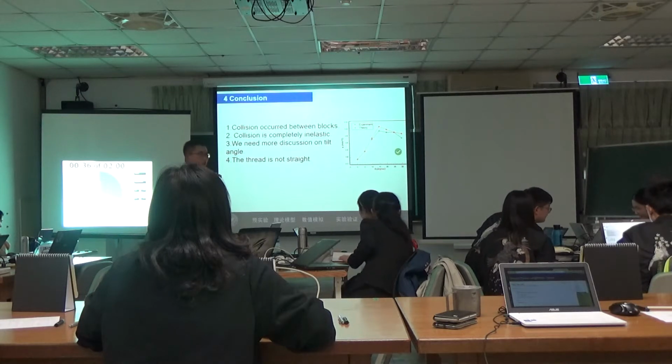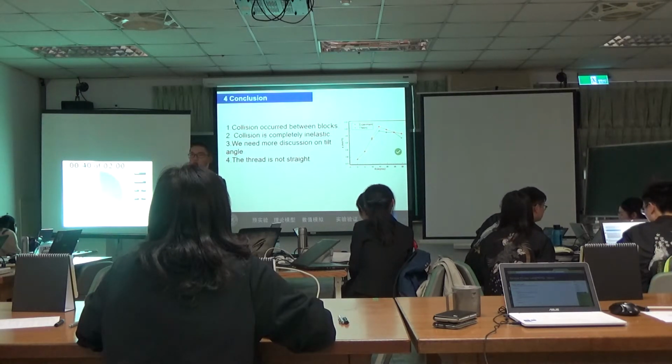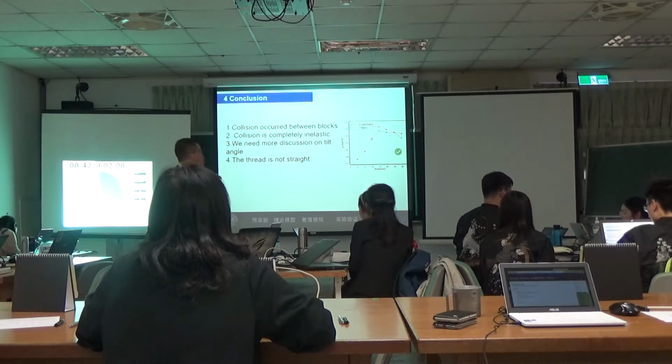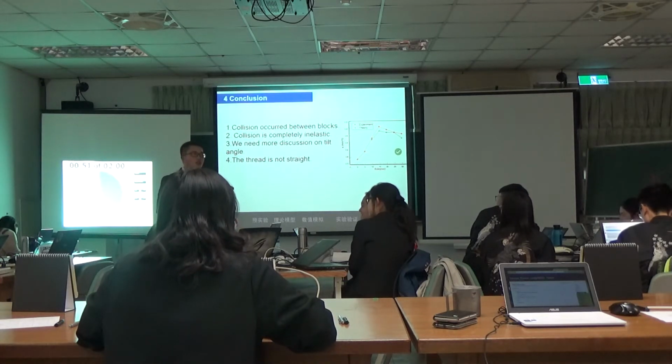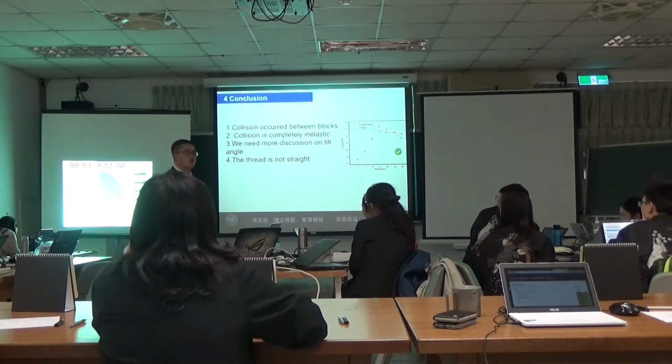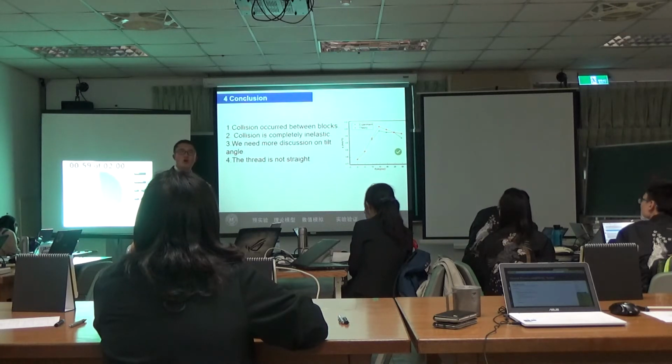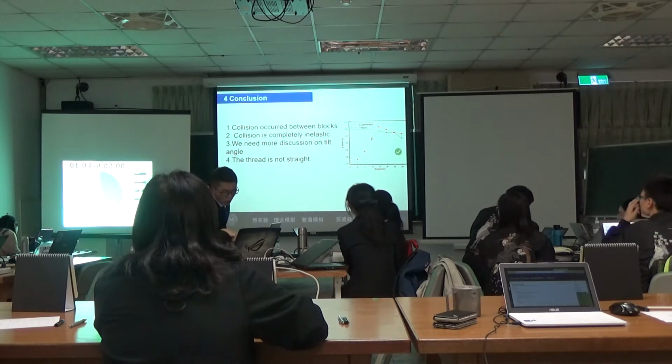Third, we need more discussion on the tail angle, like Team C mentioned. Fourth, the thread is slack. If the thread is not stretched, we did not mention this. I think there is something wrong, because if the thread is not stretched, it will also influence the motion.